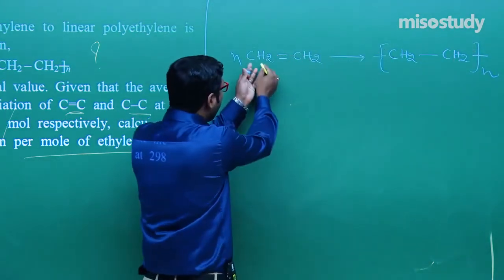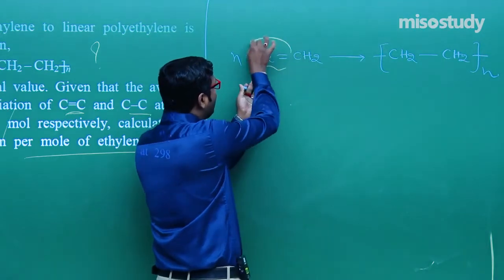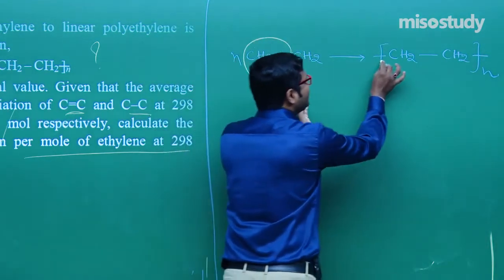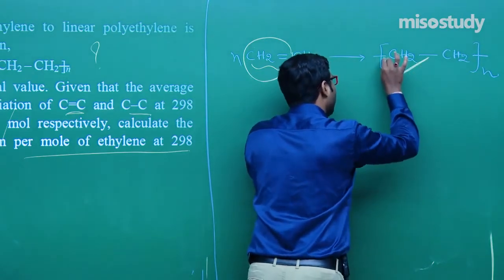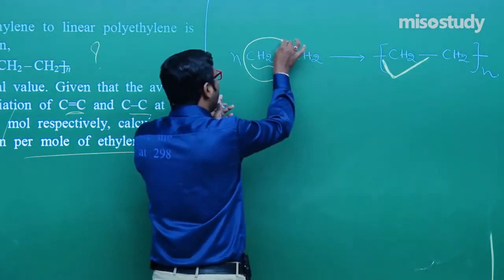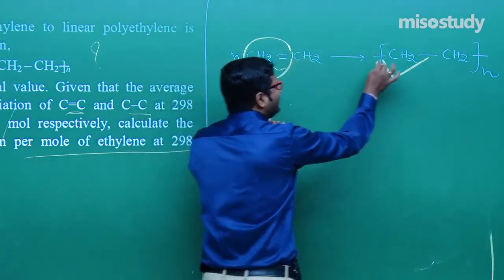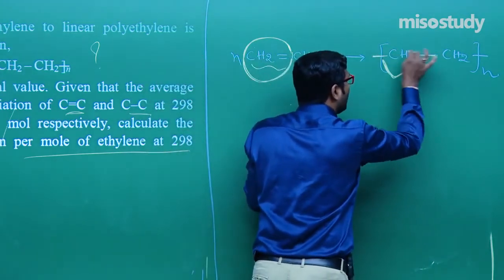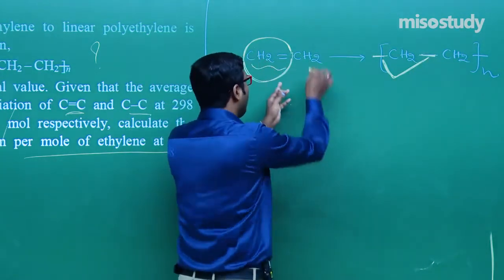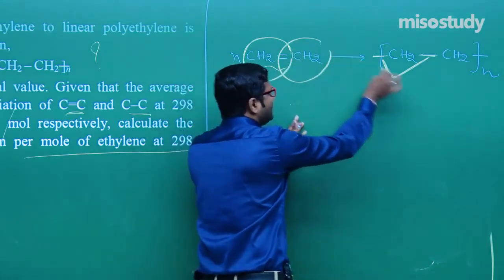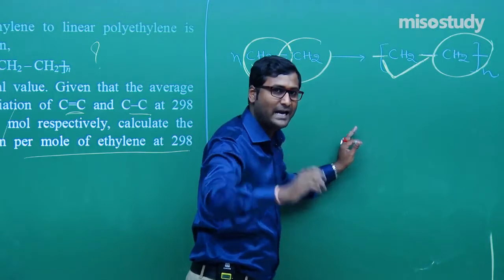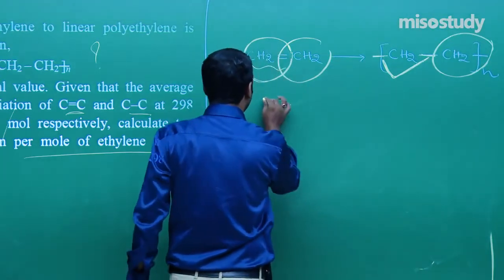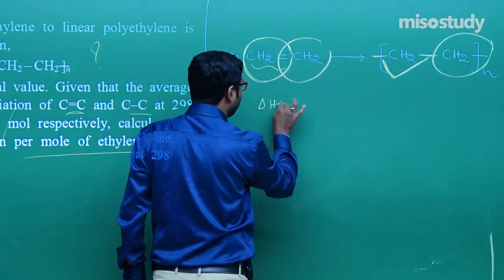So when 1 mole of double bond breaks, there is a formation of 2 single bonds. Listen carefully. In this reaction, when 1 double bond breaks, there is a formation of 2 single bonds. Am I right? So in this case, what is the value of delta H?